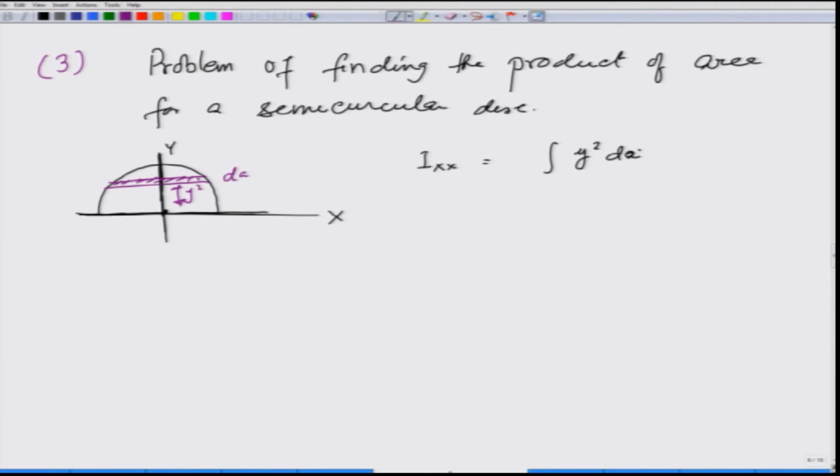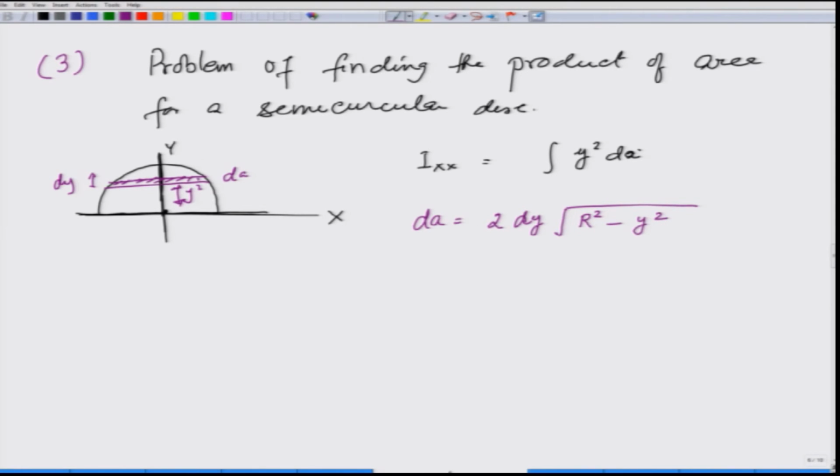So, let us calculate the area dA. dA is nothing but the height of this strip, which is dy, times the length, and length is going to be square root of r square minus y square times 2. So, this is the area.